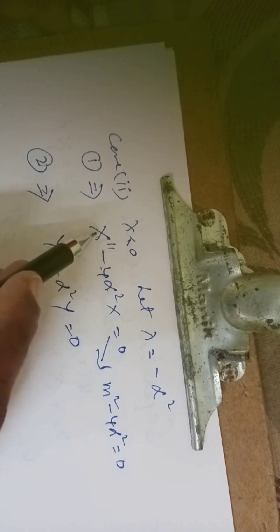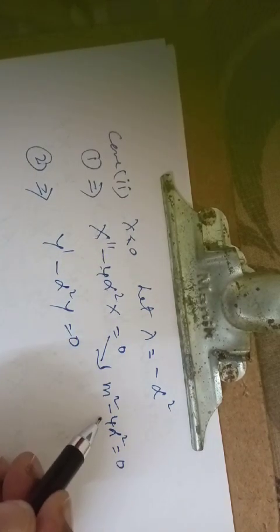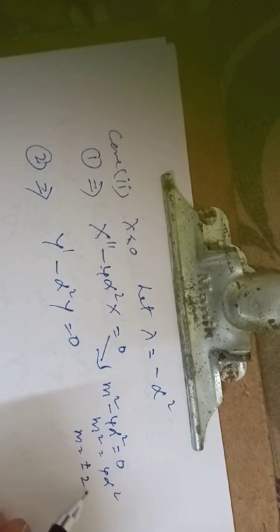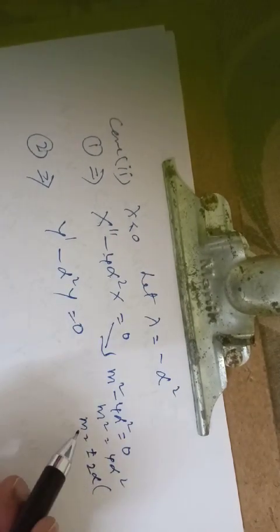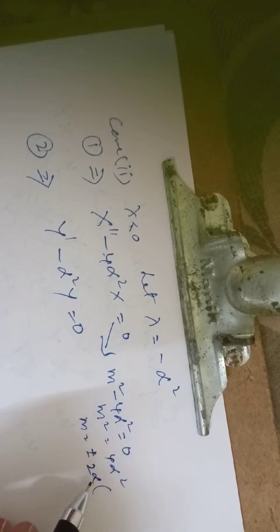That is, m square minus 4 alpha square equal to 0. Then m square is equal to 4 alpha square, m is equal to root of 4 alpha square, plus or minus 2 alpha. That is, 2 alpha and minus 2 alpha are the values of m, which are different and real.